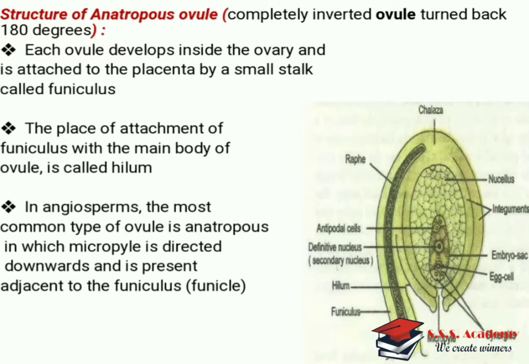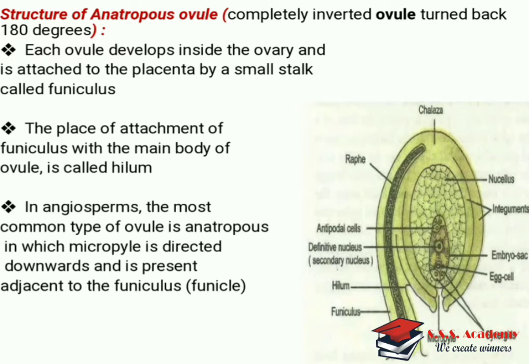The parenchymatous tissue, the central part, is covered by two coverings, the outermost being the outer integument and the next one the inner integument. If you observe the diagram upside, the integuments are shown, two coverings, inner and outer. The narrow opening at the apex of the ovule is called micropyle.